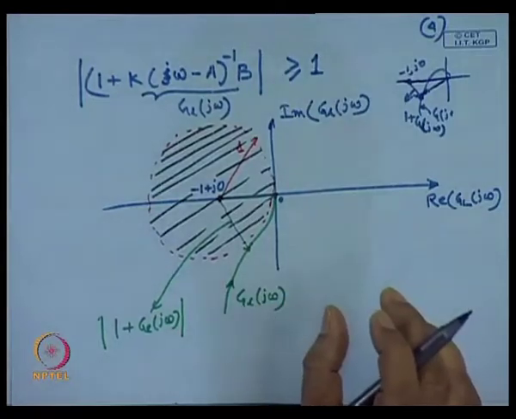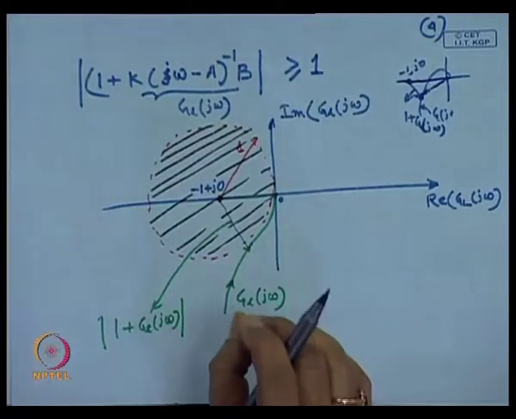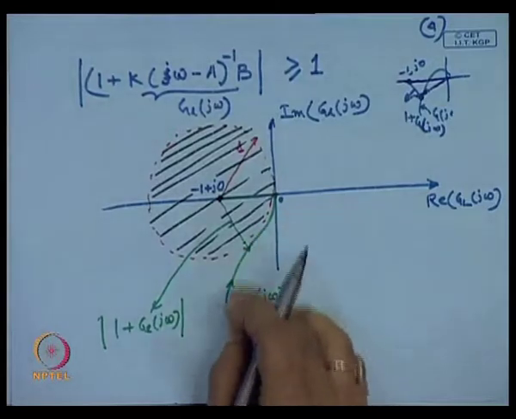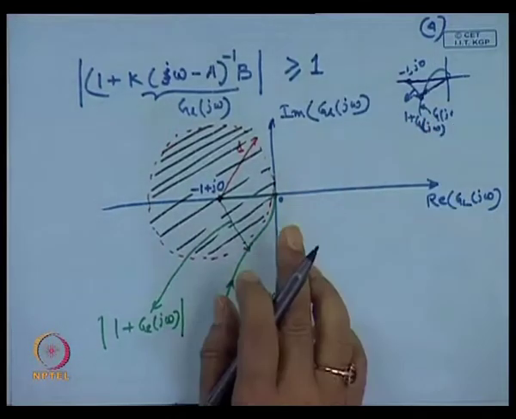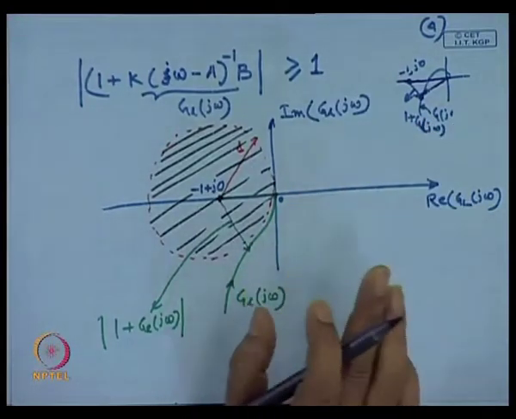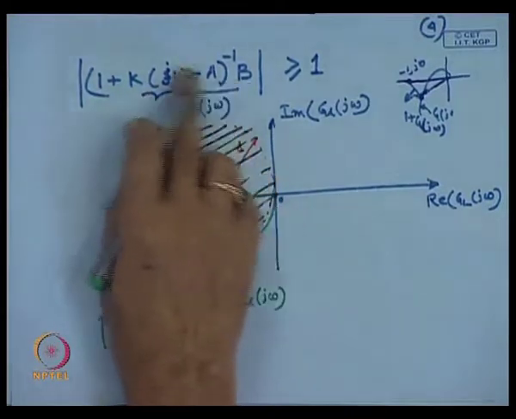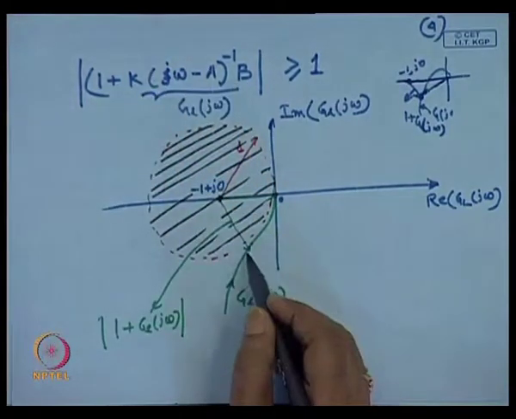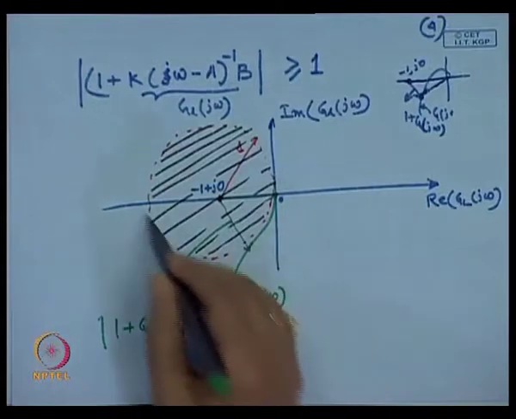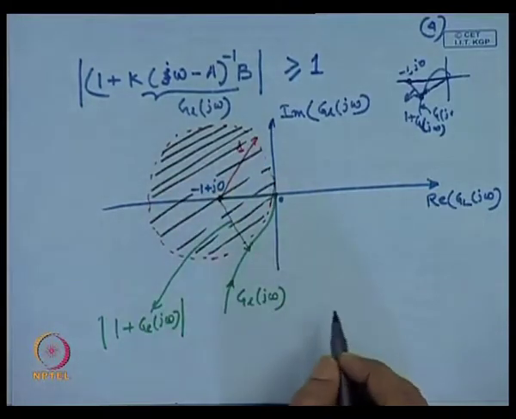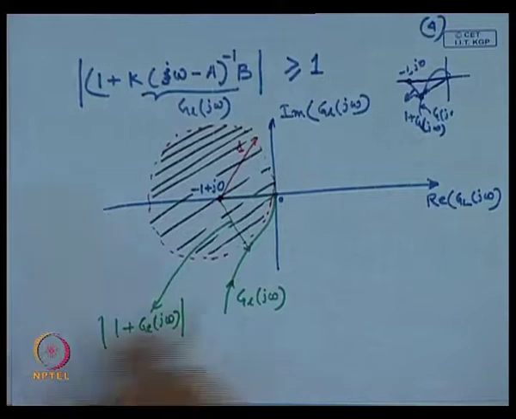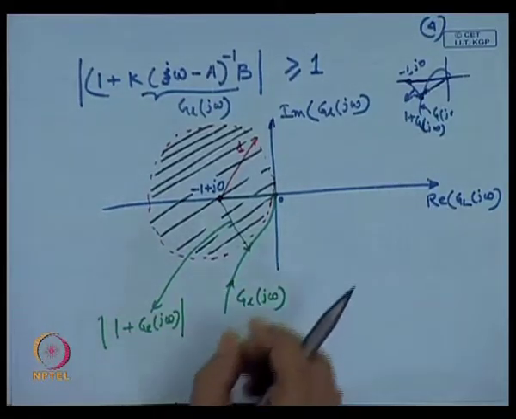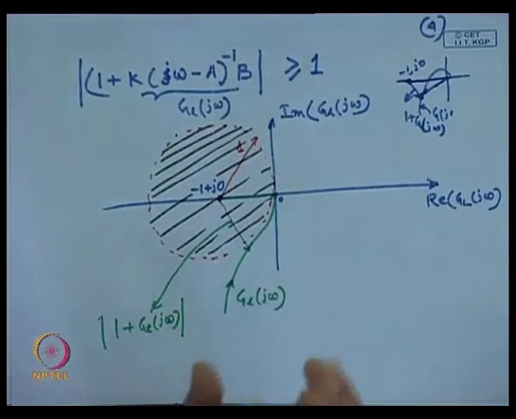I repeat, this loop transfer function is formed based on the LQR controller design, because K is involved in it. It will never cross the shaded region. So, from the present gain, we can increase the gain up to infinity.